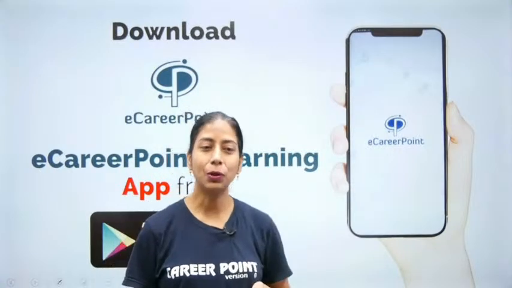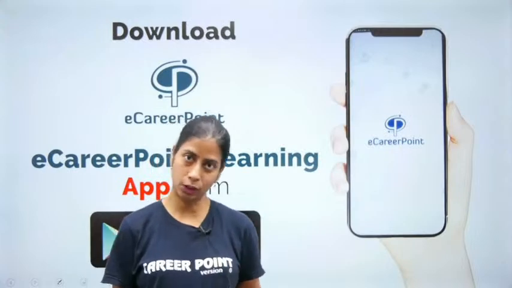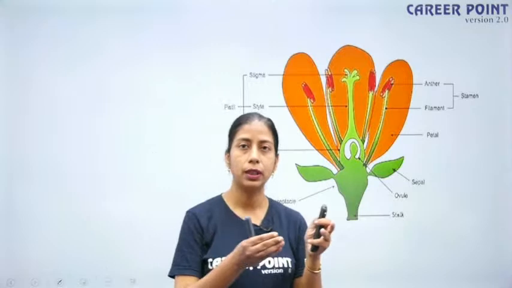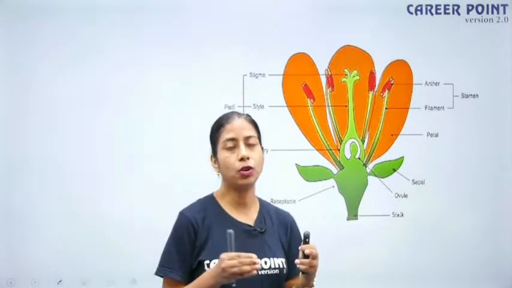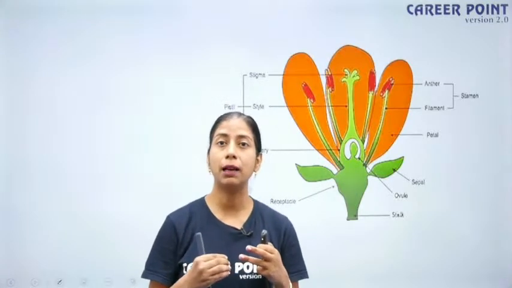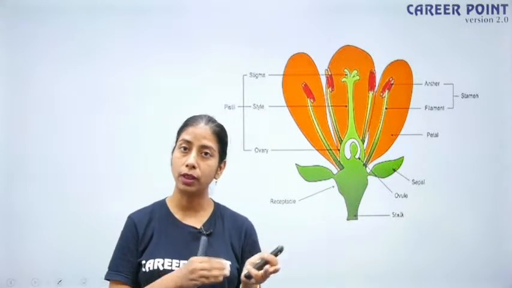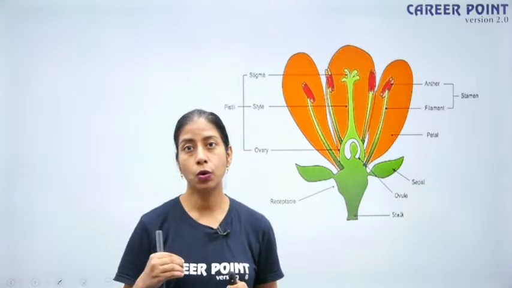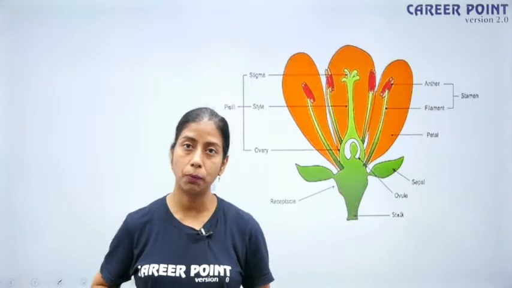Okay, so I'm going to start now with today's topic. Let's begin the topic. Very simple, here we are going to have many small bits related to sexual reproduction. Initially we will be studying the parts of the flower, then we will be seeing the types of flowers, and then we are going to study the process known as pollination, followed by the fertilization process.